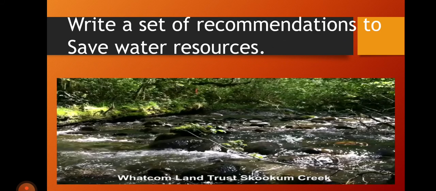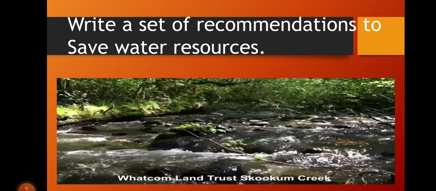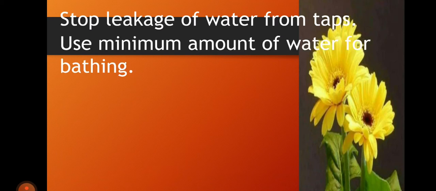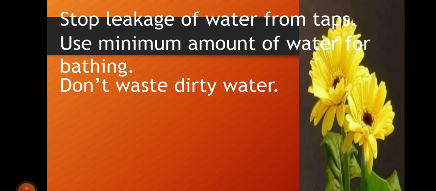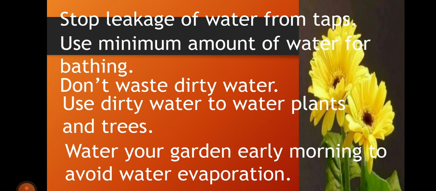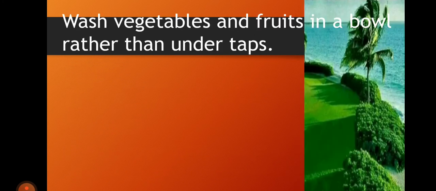Now the third one: write a set of recommendations to save water resources. We'll see some clue points here. Stop leakage of water from taps. Use minimum amount of water. Don't waste dirty water; use dirty water to water plants and trees. Water your garden early morning. Wash vegetables in a bowl rather than under taps.